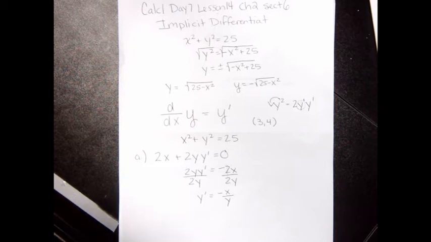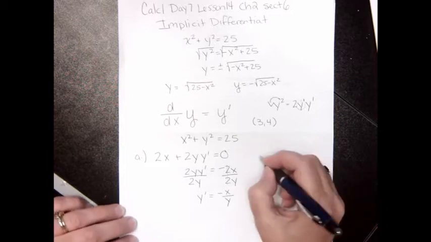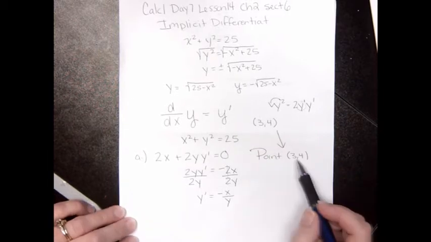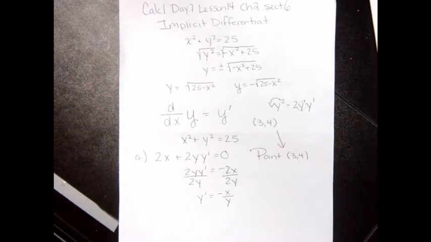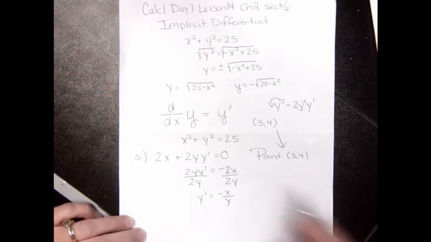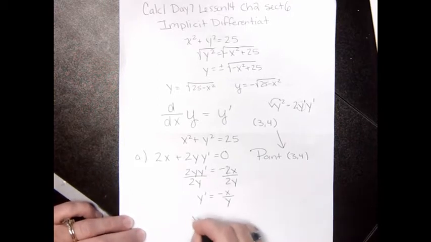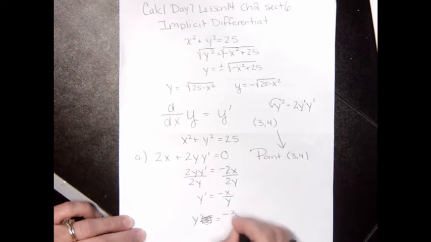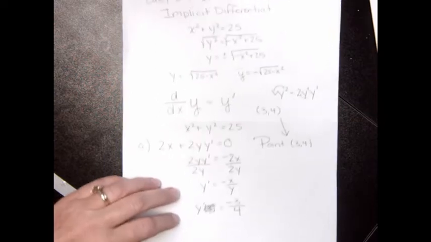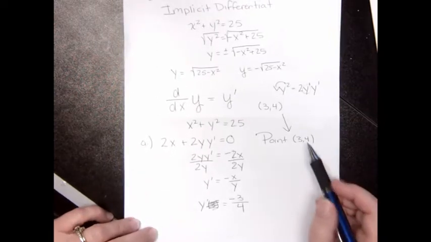So if I want to figure out what my slope value is at the point (3, 4), I used to just plug in the 3 for x. Well, now I have an x and a y, so I plug in both. So that would be y prime equals negative 3 over 4. Okay, negative 3 over 4 at (3, 4).